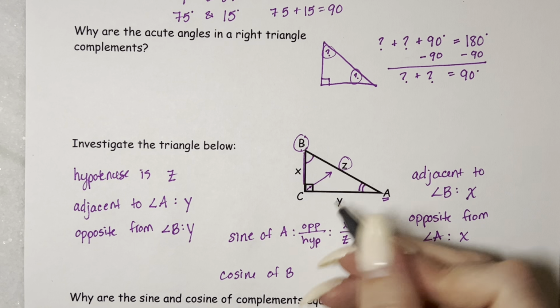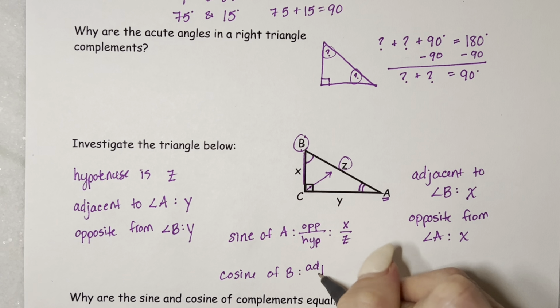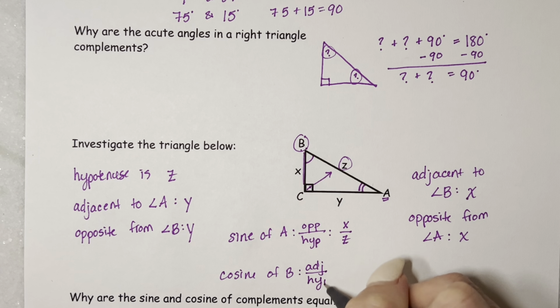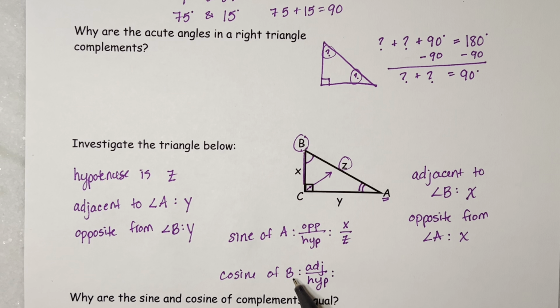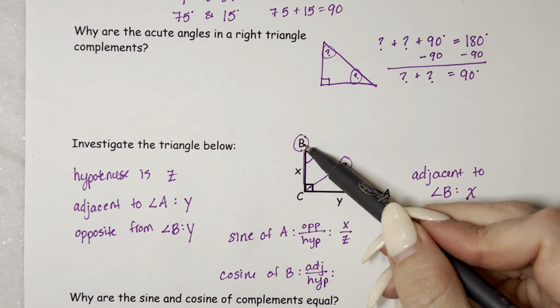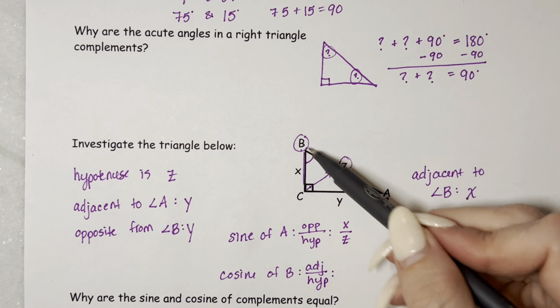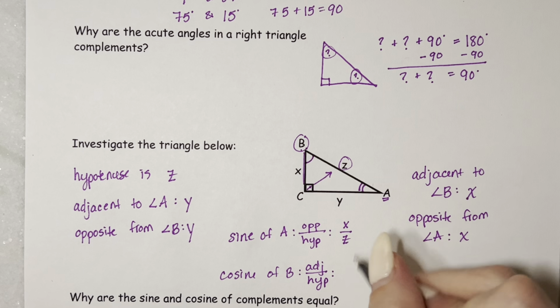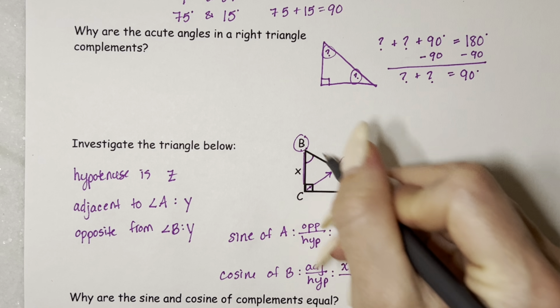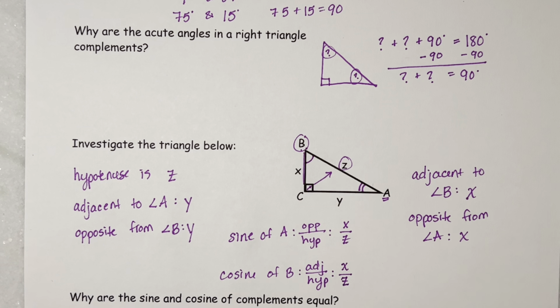So cosine is when we have the adjacent side over the hypotenuse. So now which side is adjacent to angle B? Well, that's the side that connects angle B to the right angle. So that's going to be X over the hypotenuse, which is Z.